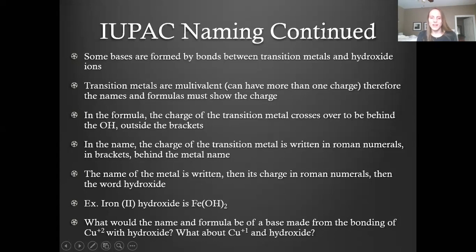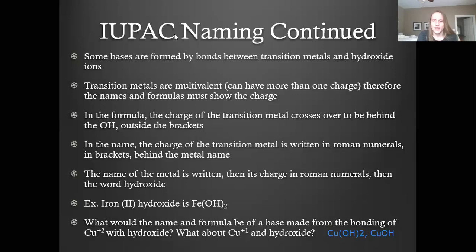Try and figure out what the formula for the base would be if I had copper +2 with hydroxide or copper +1 with hydroxide. These should be your answers respectively. If my copper has a charge of +2, it gets crossed over. If it is a charge of +1, I don't have anything crossed over.